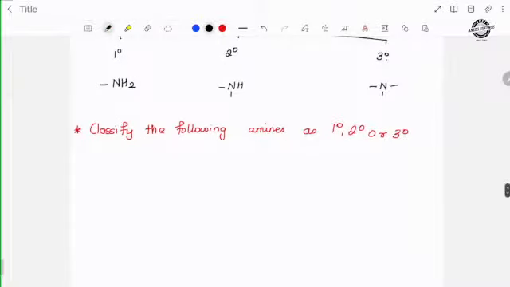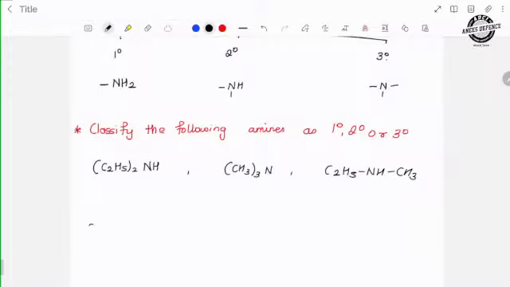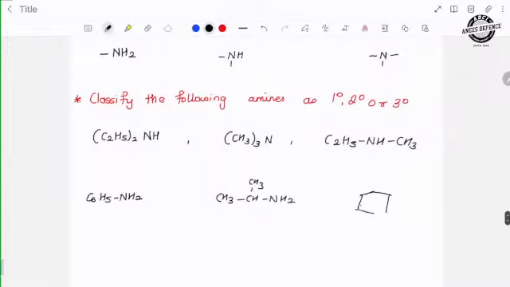The first question is (C2H5)2NH. Then (CH3)3N. Then C2H5NHCH3. Then C6H5NH2. Then CH3CH(CH3)NH2. Then NHC6H5.